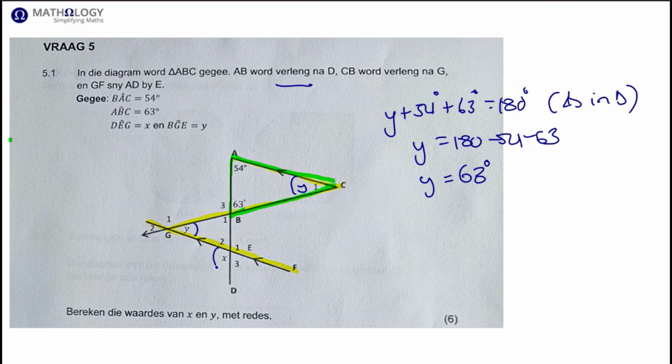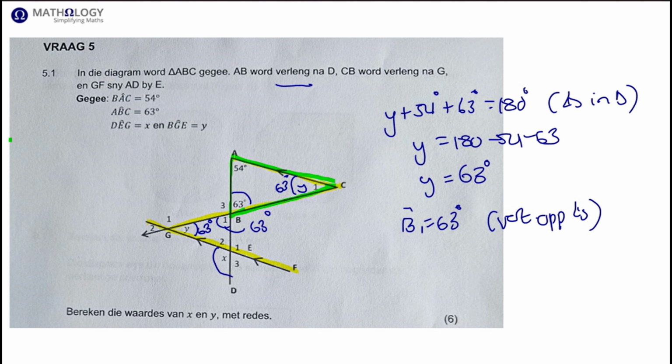X is over here. We've just calculated Y, so we're going to mark 63 degrees where we see Y on the diagram. The angle B1 equals 63 degrees because it's vertically opposite. So this angle here is 63 degrees.